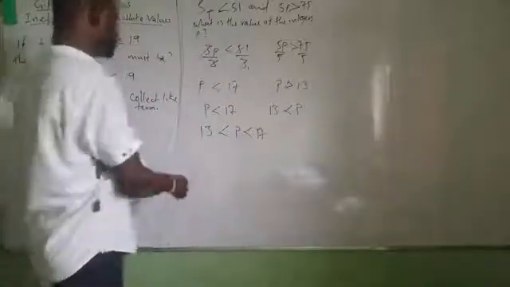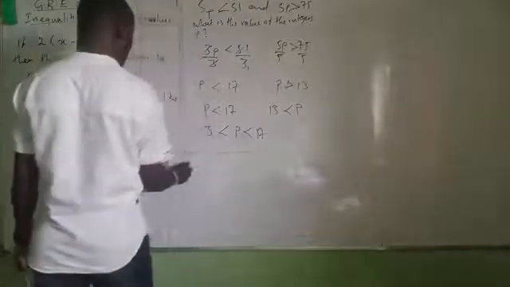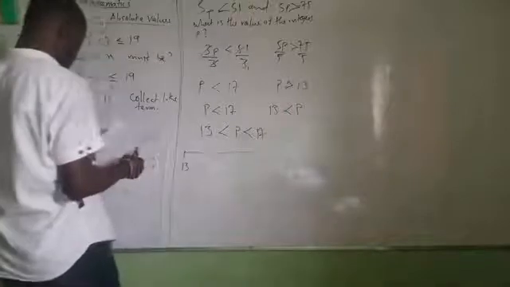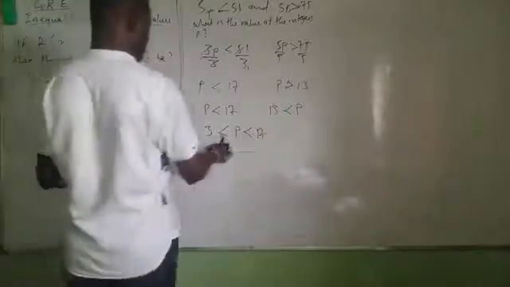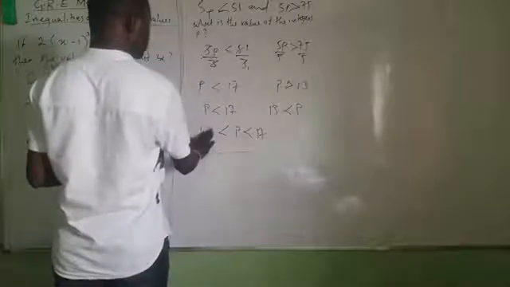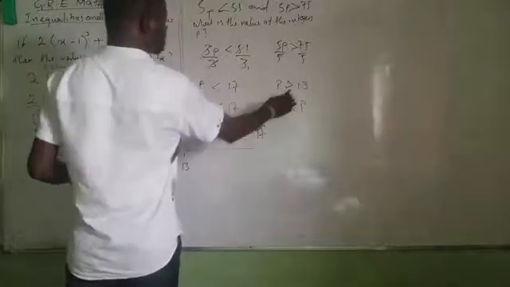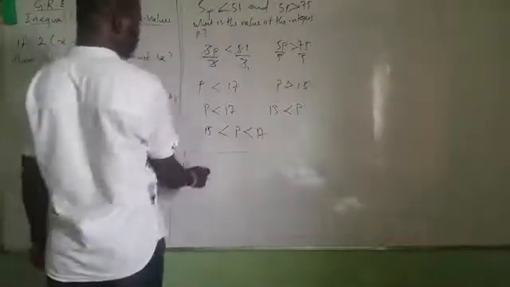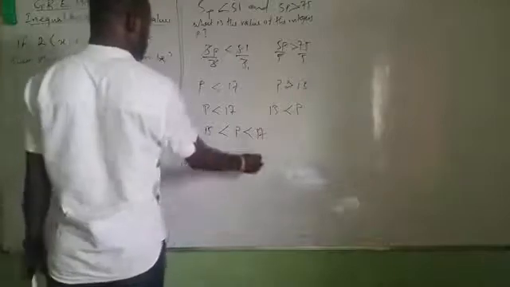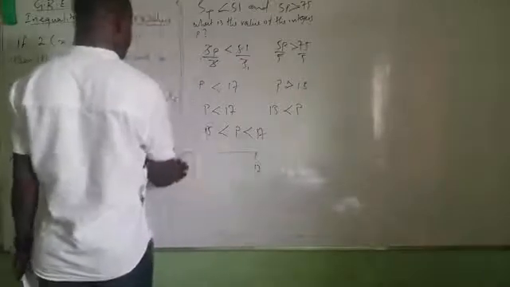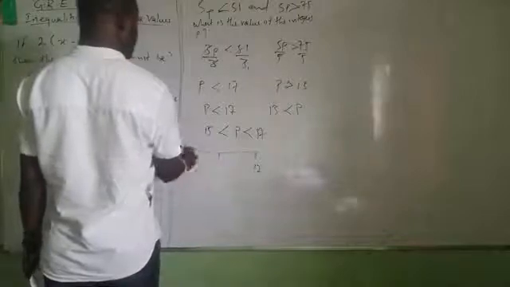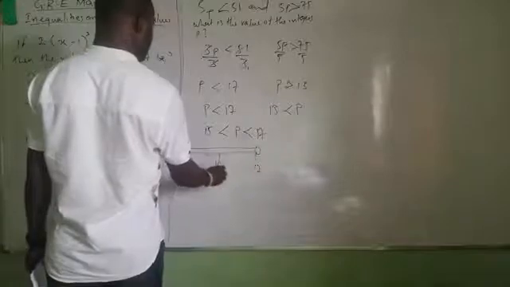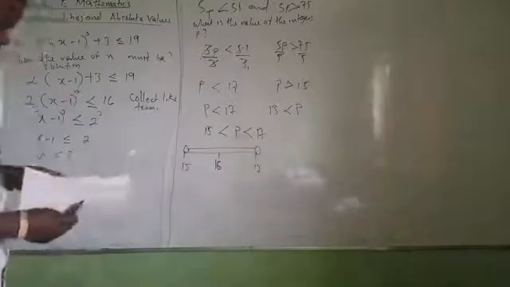Oh, sorry, this is 15, sorry about it. So I'm talking about 15 to 17, this and this to this, and the answer will be 16. On the option it should be 16.